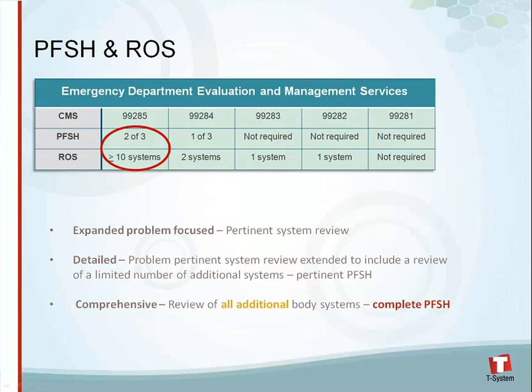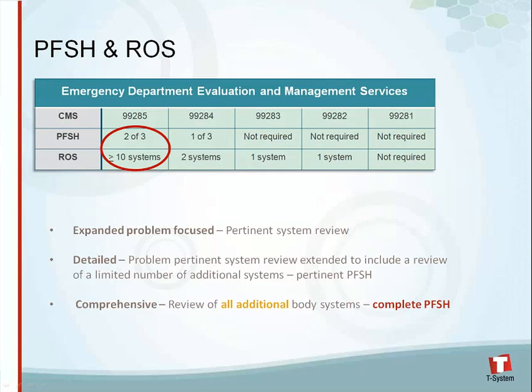Past family social history and review of systems. Again, you're looking at your higher level of service here, your level 5. For CMS, you'll see that the past family social history requires 2 out of the 3, and your review of systems is at least 10 systems. Now down below, if we flip over to CPT world, a comprehensive review of systems is a review of all additional body systems. CPT also says that you need a complete past family social history.